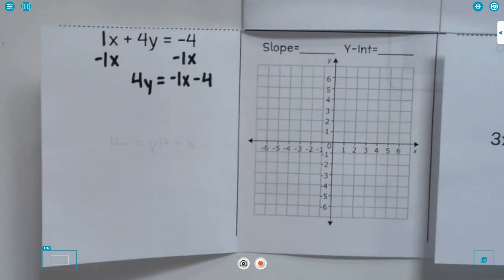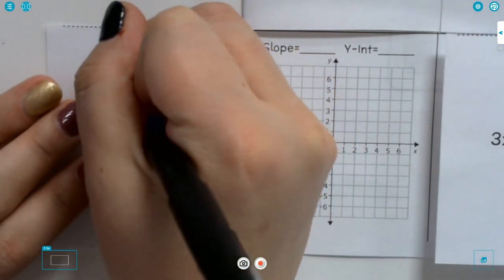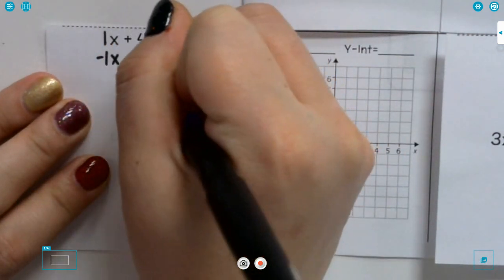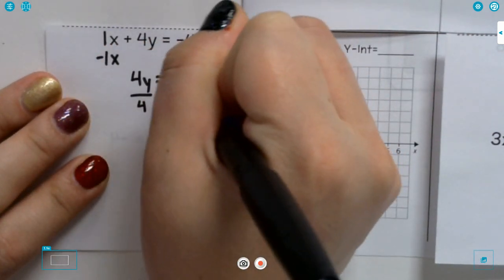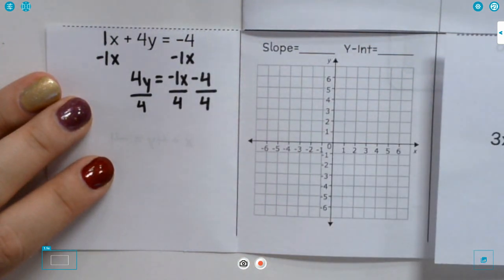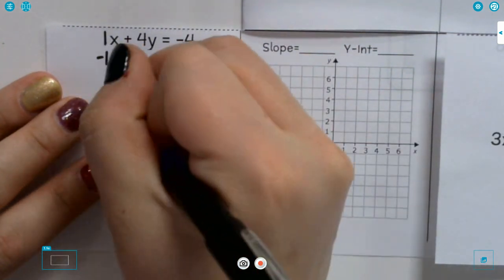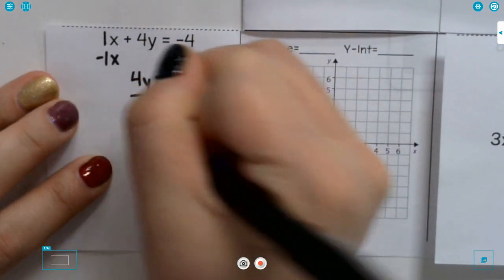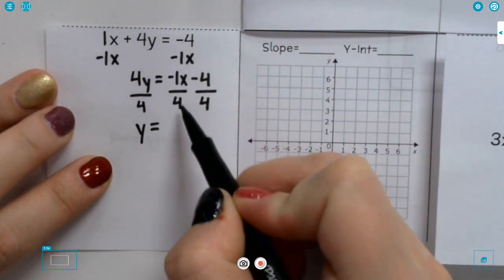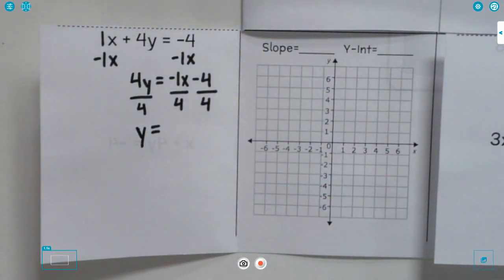Okay, from there, I need to get rid of that 4. So I'm going to divide everything by 4. I get y equals, this is going to stay a fraction. Sometimes it'll divide out, sometimes it'll simplify, but a lot of times it'll just stay as a fraction.